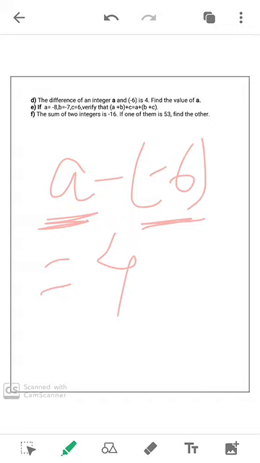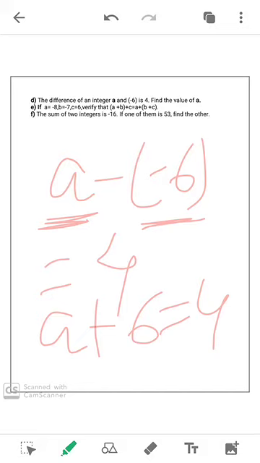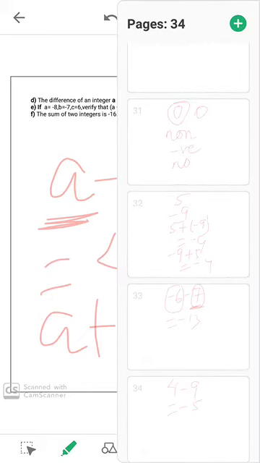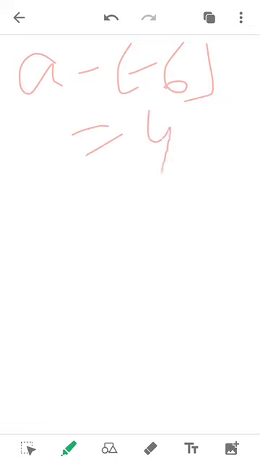We will solve it. a minus minus 6, that is a plus 6, is equal to 4.